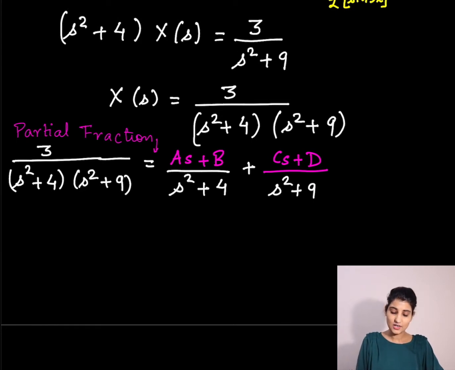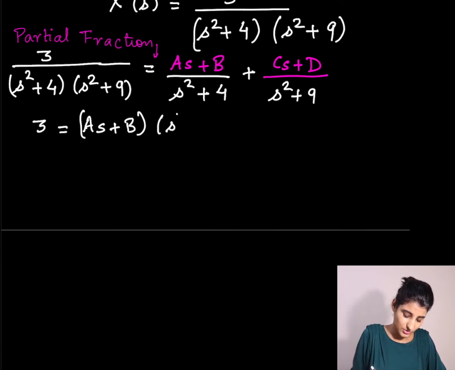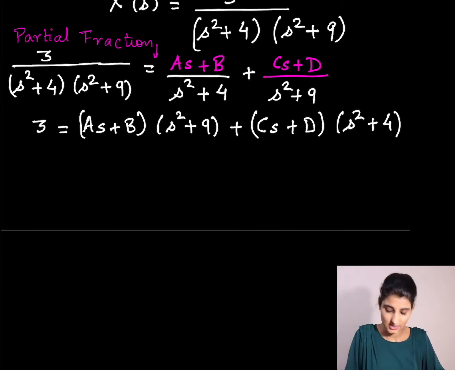Now we want to find out the values of a, b, c and d. So let's multiply by s square plus 4 times s square plus 9, and we will get 3 equal to as plus b. s square plus 4 will cancel out, so we will have s square plus 9, plus cs plus d times s square plus 4, because s square plus 9 will cancel out.